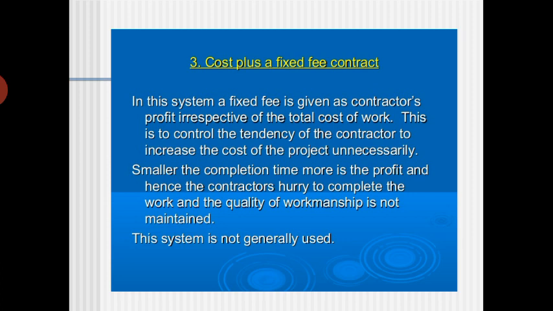So it is only fixed, in no way connected with the estimated cost. So either it will be a loss or it will be a profit; it is in no way connected with the contractor.